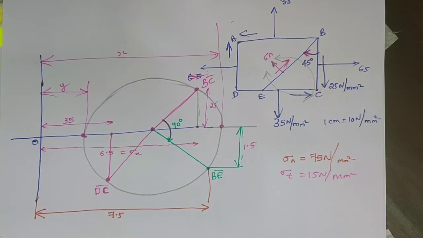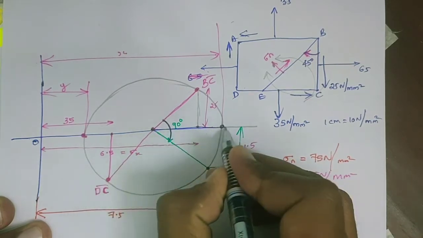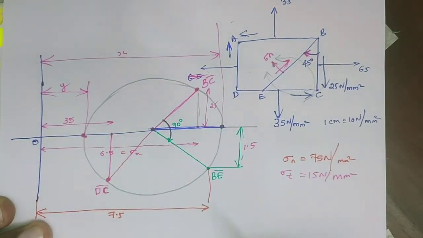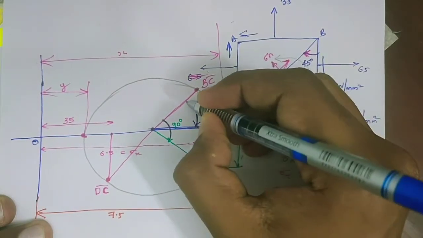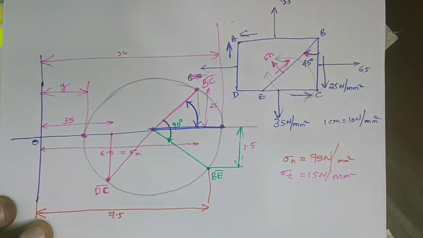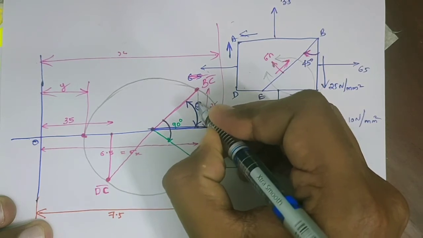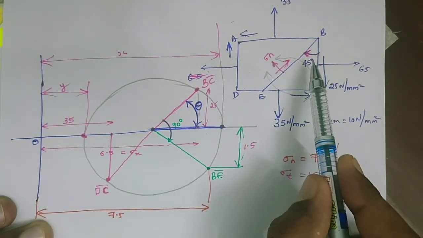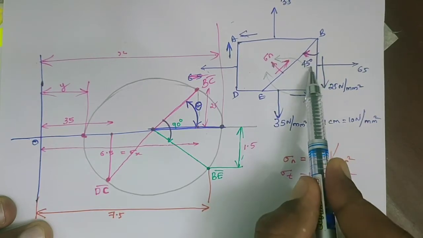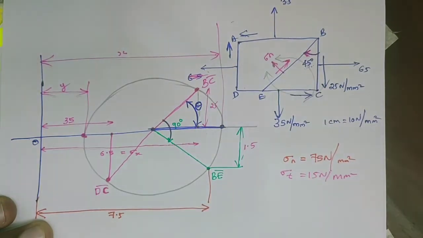For the location of the principal stress, this is the point representing the principal stress, and this is a line connecting this point and the origin. Measure this angle. For example, this angle is equal to theta. We represent the double of that angle in the Mohr circle.